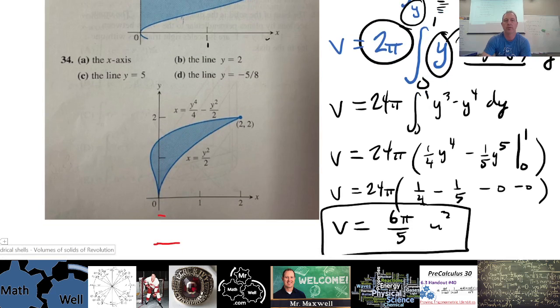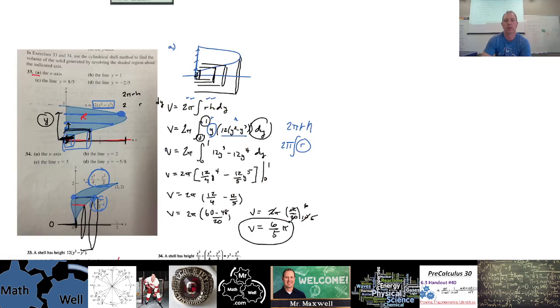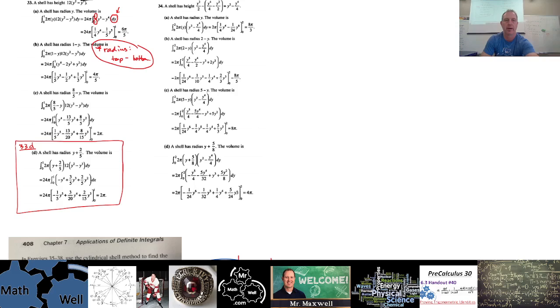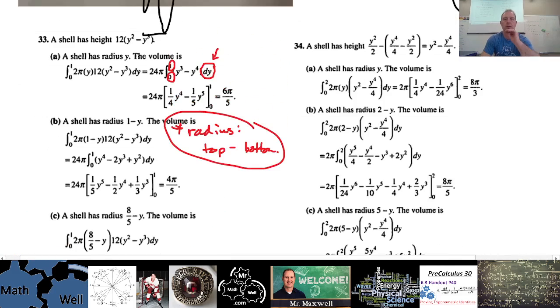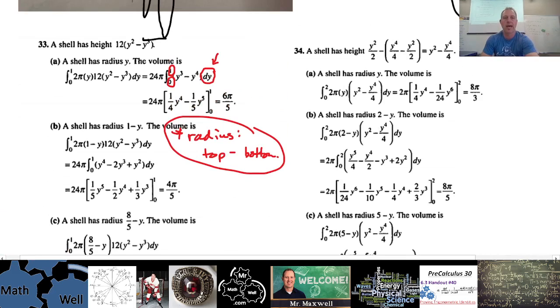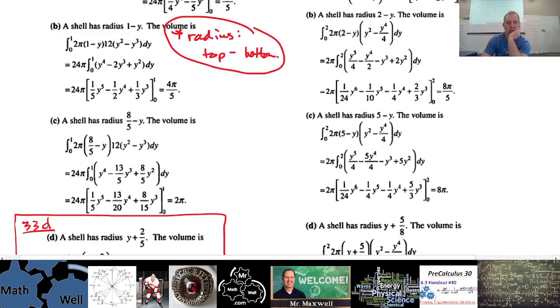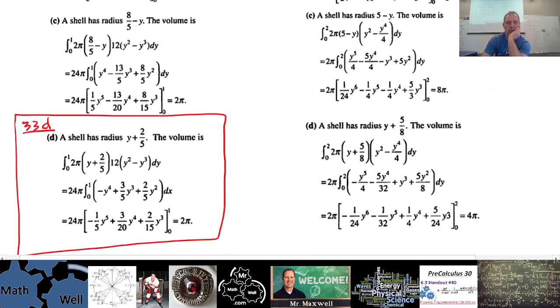And here are your solutions, right here. So there's 33A and B and 34A and B. 33 C and D and 34 C and D.